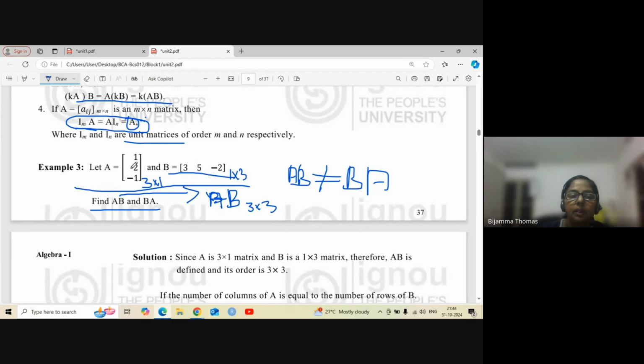Second row into first column, second row into second column, second row into third column, that is 2 3. നമ്മുടെ മെട്രിക്സ് എങ്ങനെയാണ് വരുന്നത്? A11, A12, A13. This is 1 2. So first row into first column, A11.